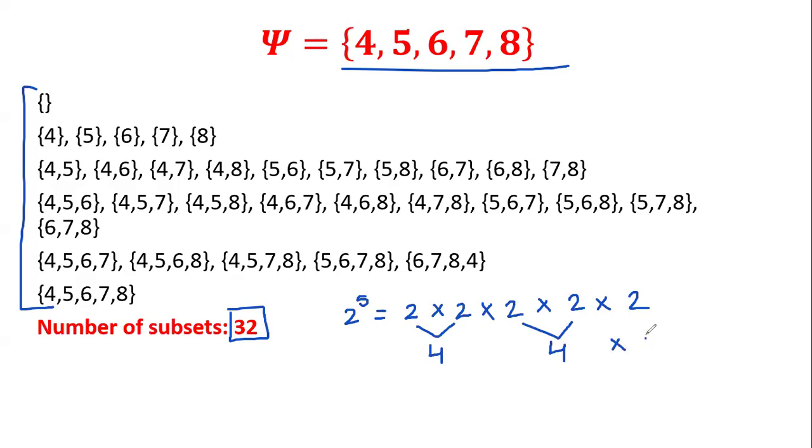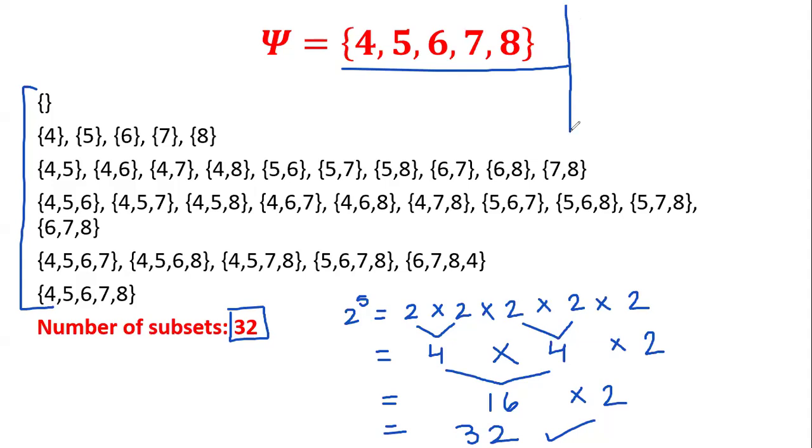Multiply that by 2. 4 times 4 is 16, multiplied by 2, and 16 multiplied by 2 is 32. So what we have here is a way to determine how many subsets we're going to have. And this not only works for this one. If you don't have this, you could write it down, but this is from yesterday, so when you watch the video, you will see it.